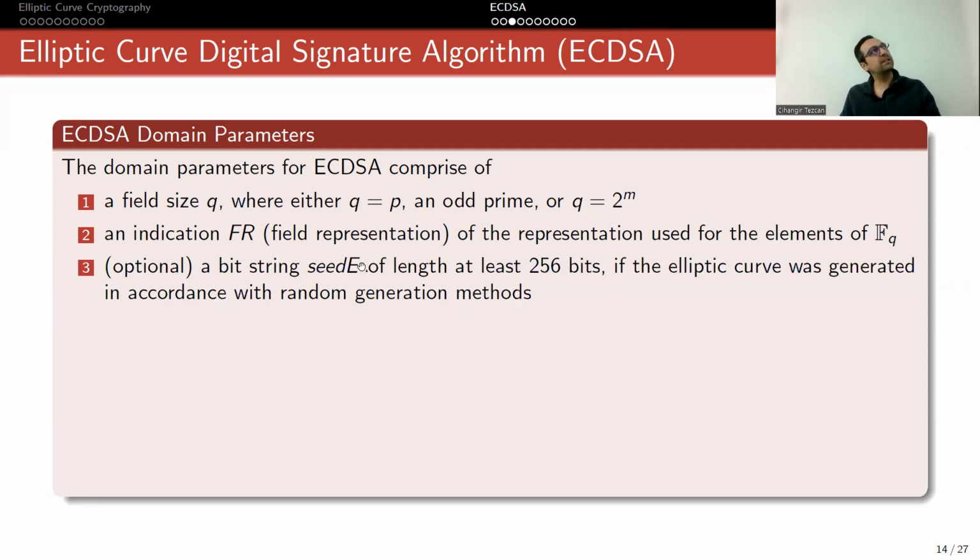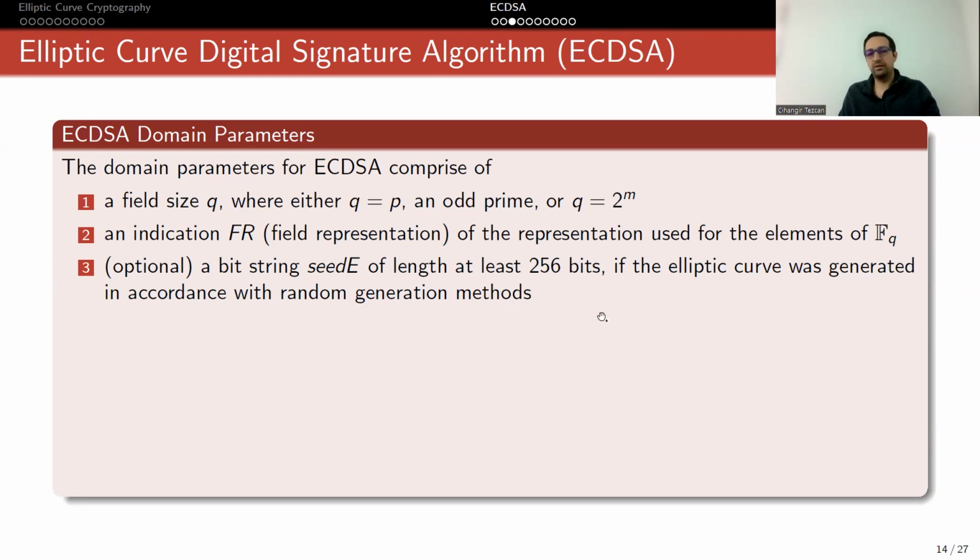Optional, a bit string seed E of length at least 256 bits if the elliptic curve was generated in accordance with random generation methods. So random elliptic curves is a common practice. In some communications, you can say that, okay, let's randomly choose an elliptic curve.